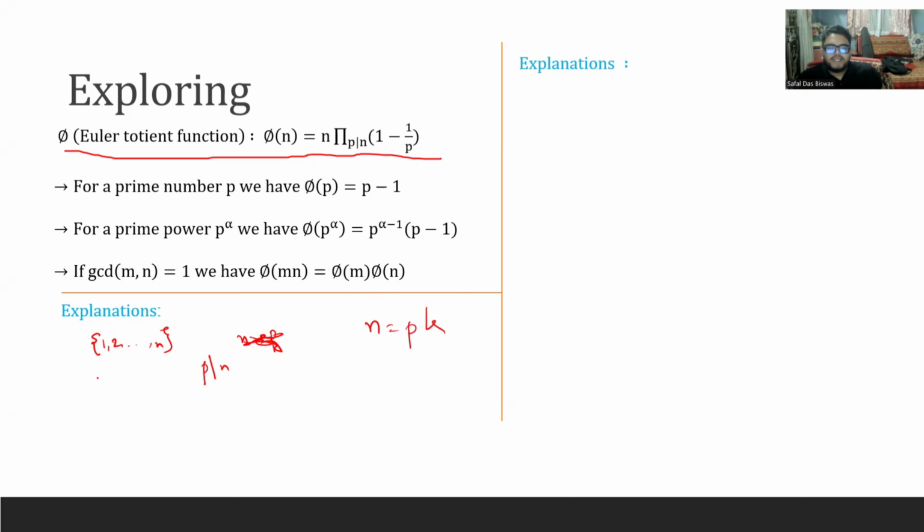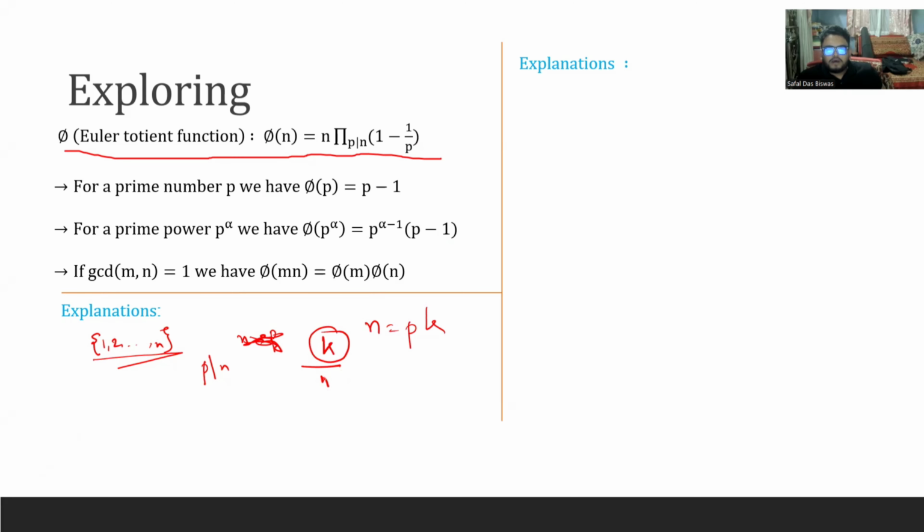If you take a random number from this set, the probability that that number is divisible by p is just 1 by p. Why? Because the number of integers in this set that are divisible by p is just k, out of n.